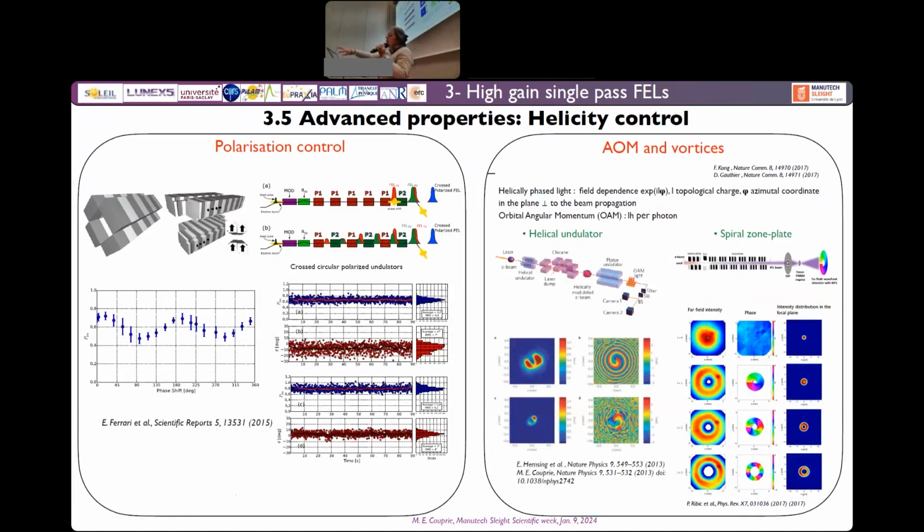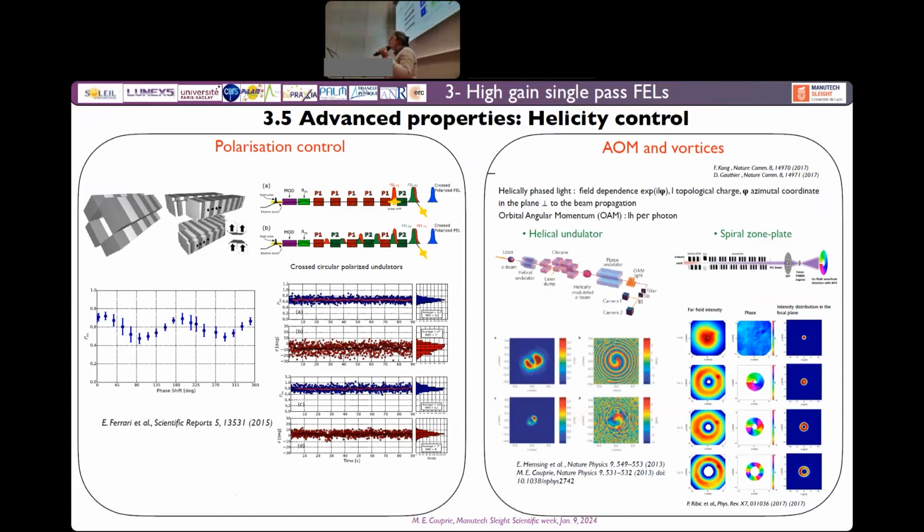Whereas if we have a helical undulator, we have a vertical and horizontal field. Then we have a helical trajectory and we have a circular polarization. So one way is to play between the polarization of the undulators.